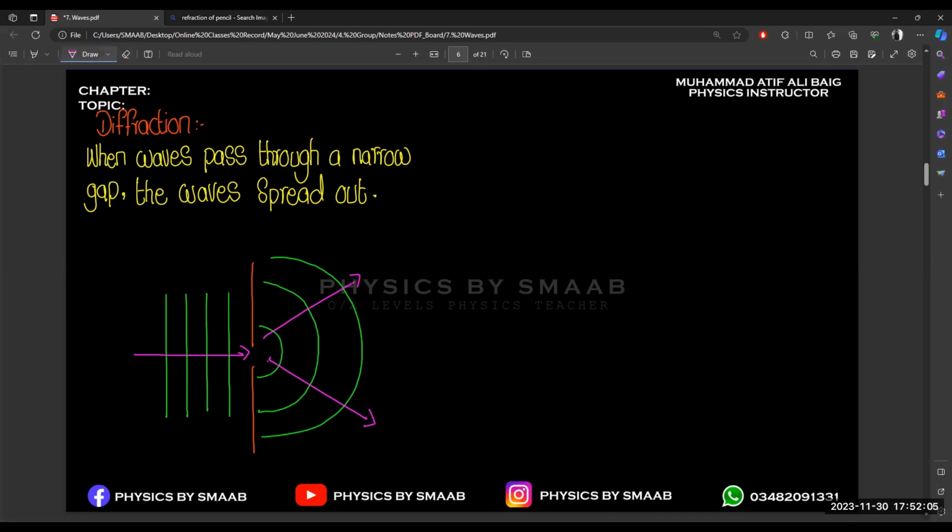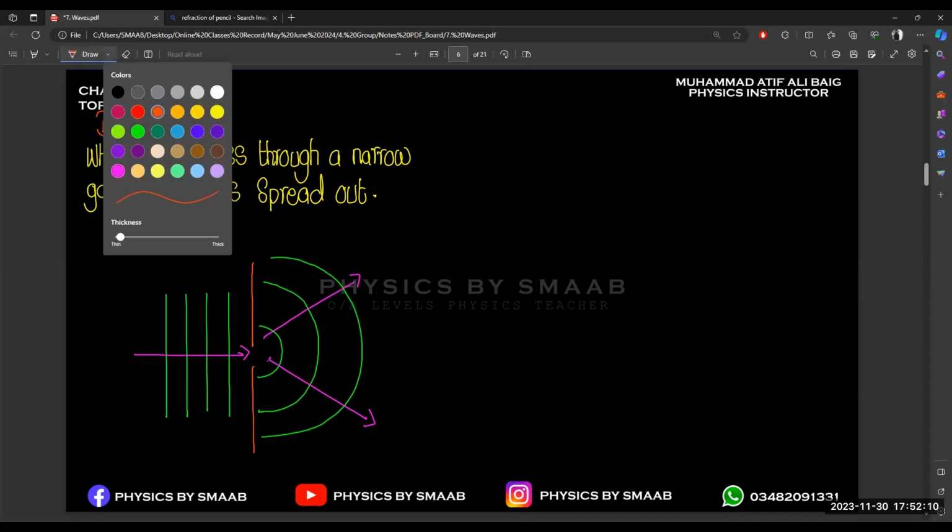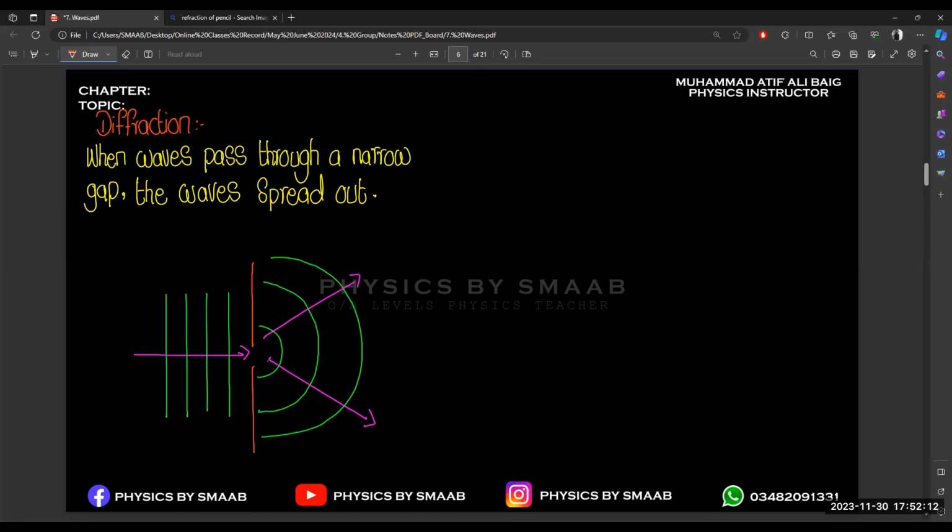And secondly, if we allow waves to pass through a slightly greater gap, not very narrow, like if we have gaps like this, you can see there is enough gap to pass through the center. We don't have a very narrow gap, just like the previous situation. So in this situation, if waves try to pass through this gap, the shape will be different.